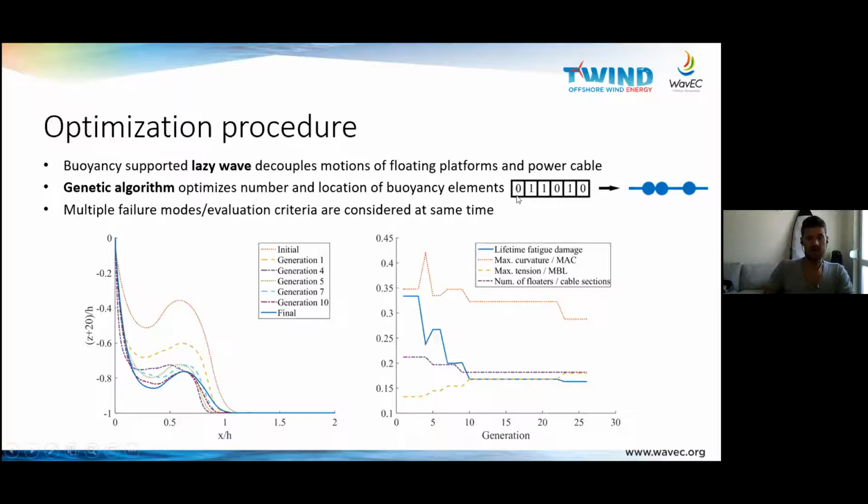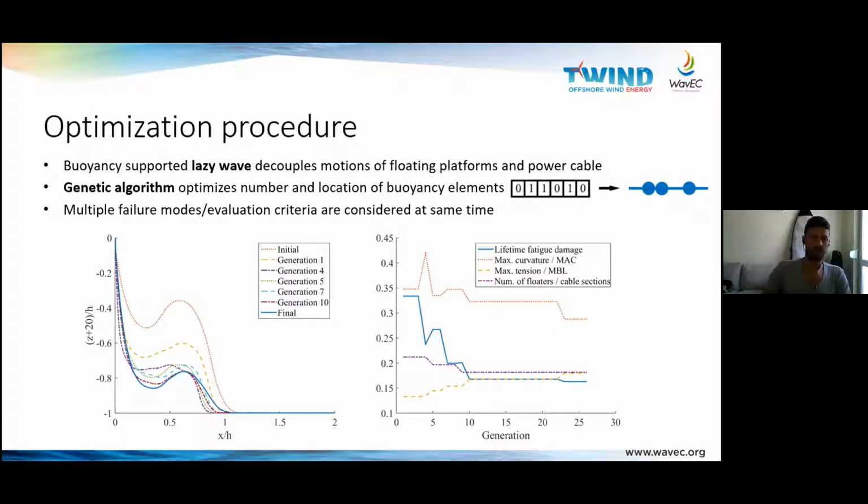And then on this string of 0s and 1s, this genetic algorithm is performing its optimization procedure, and over time we get an optimized shape. And now you may ask, what is optimized, or what are we optimizing?